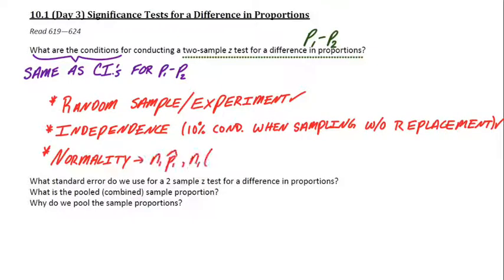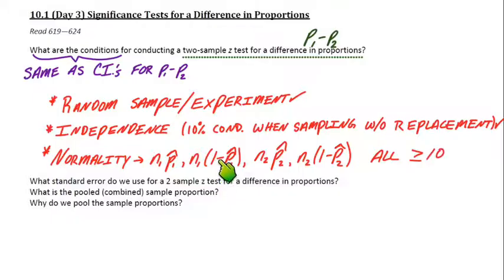And for normality, we just make sure we have at least 10 successes and 10 failures for each sample. So those are actually the exact same as the conditions for a confidence interval for p1 minus p2.